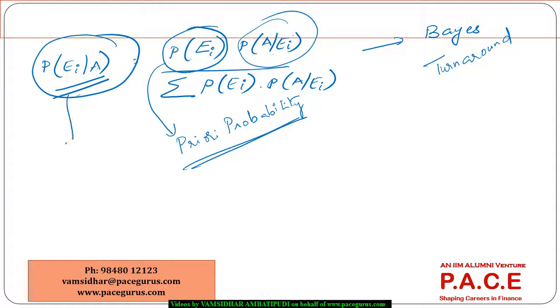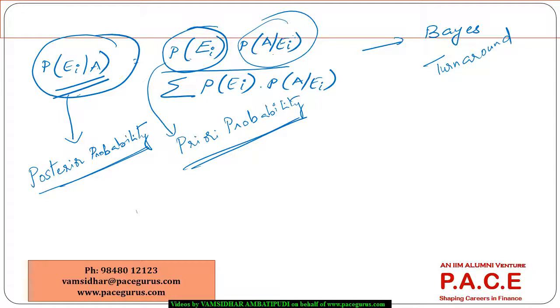So this is like an updated probability of Ei given A has occurred. That is the reason we call this the posterior probability, the probability after the occurrence of the event A. This is the probability before the occurrence of event A, and the first one is the probability after the occurrence of event A. That's where we are calling it the posterior probability.